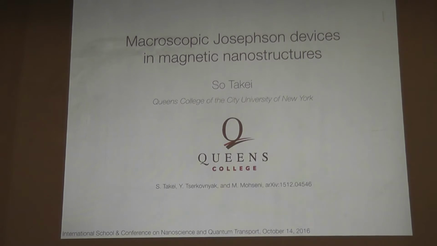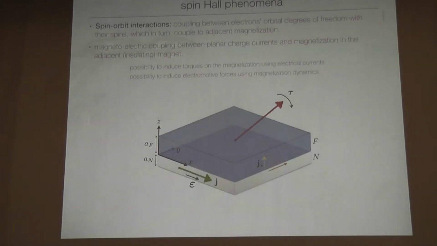So just to start off, the type of system that I'm going to start off with is this kind of bilayer system. Let's say you have a normal metal here, which can harness a charge current, and it's attached to, let's say, an insulating magnetic system with long-range magnetic order.